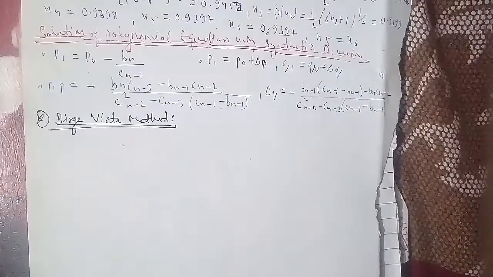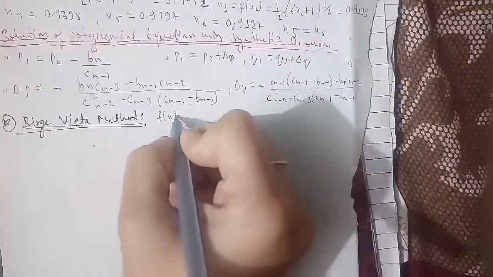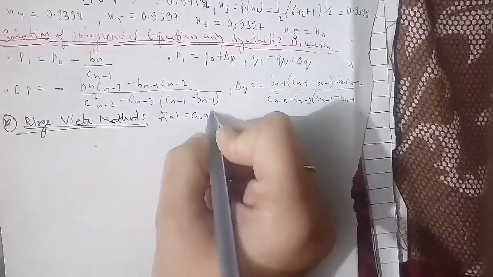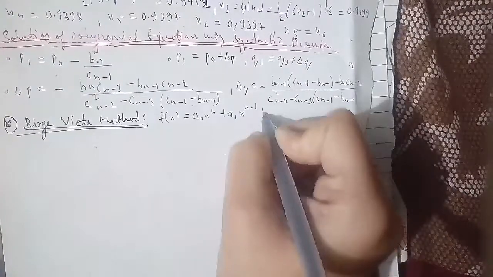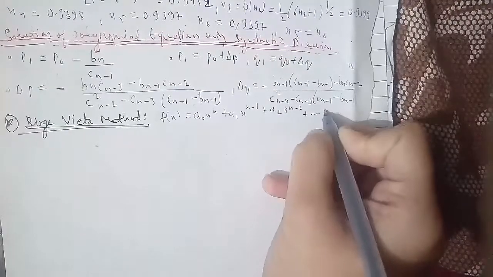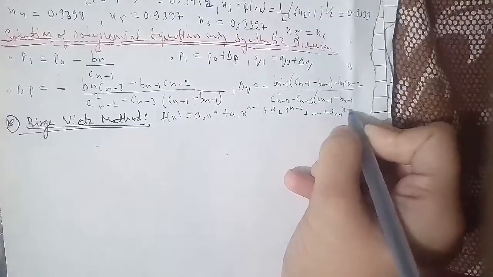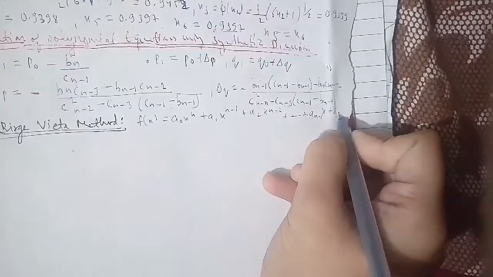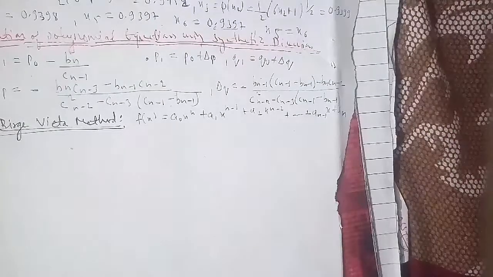For that, let p be the approximate estimate of the root of f(x), and then synthetic division is performed to obtain the deflated polynomial, which is represented as f(n-1)(x) equals b0 x^(n-1) plus b1 x^(n-2) plus b2 x^(n-3) plus ... plus b(n-2) x plus b(n-1).